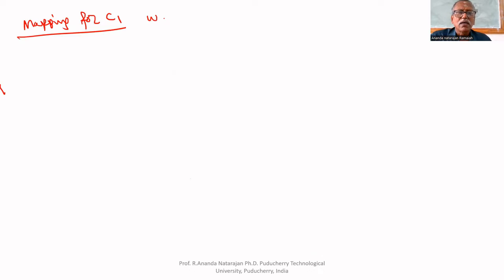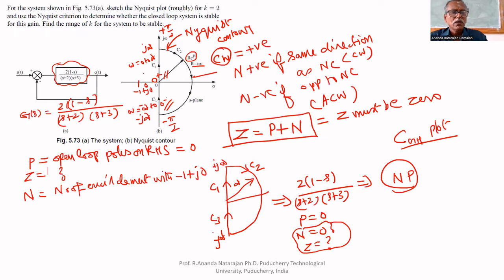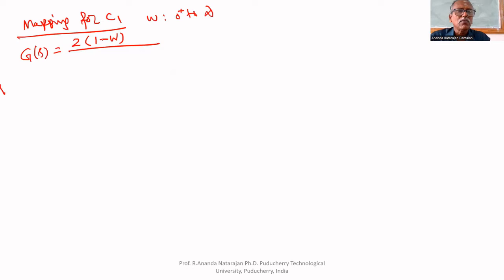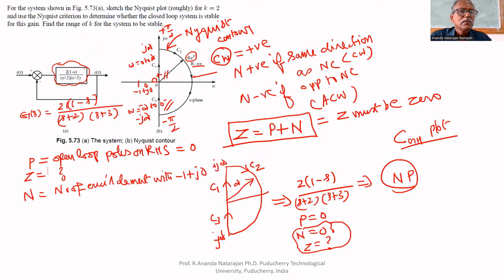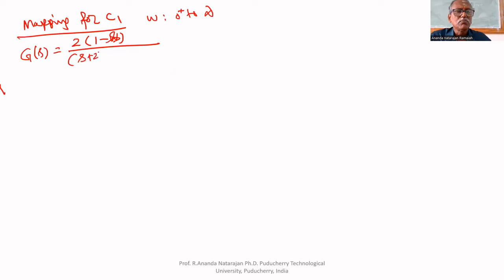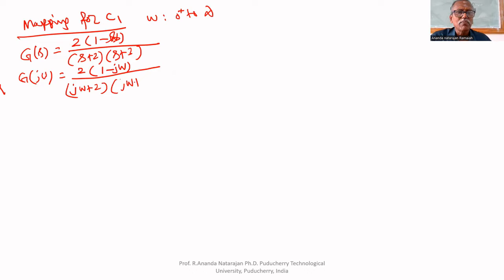Omega varies from 0 plus to infinity. G of s, for k equal to 2, equal to 2 multiplied by (1 minus s) upon (s plus 2) multiplied by (s plus 3). Therefore, G of j omega equal to 2 multiplied by (1 minus j omega) upon (j omega plus 2) multiplied by (j omega plus 3).